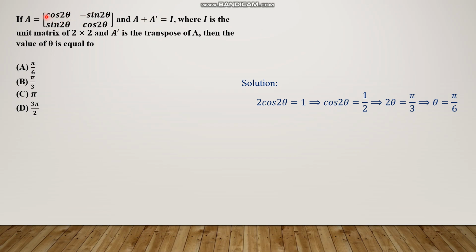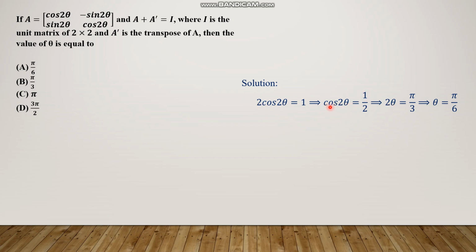So when you add them, cos 2 theta, again cos 2 theta, that will be 2 cos 2 theta. And on the right side, the identity matrix is 1 0 0 1. So the first element will be 1. So 2 cos 2 theta will be equal to 1. Then if you take 2 to the right side, cos 2 theta will be 1 by 2.